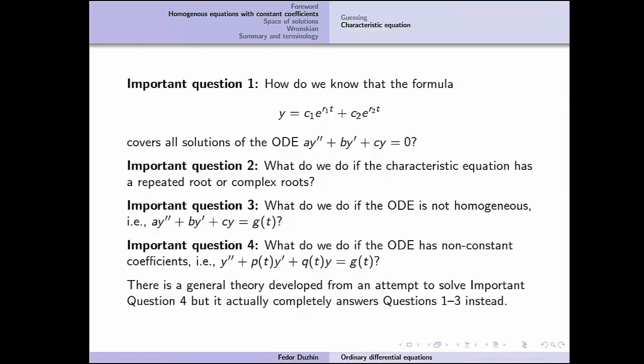So in today's lecture, we are going to introduce a general theory that is supposed to answer the fourth question, but instead we are going to, at least today, fully answer question 1, and later we are going to fully answer questions 2 and 3.